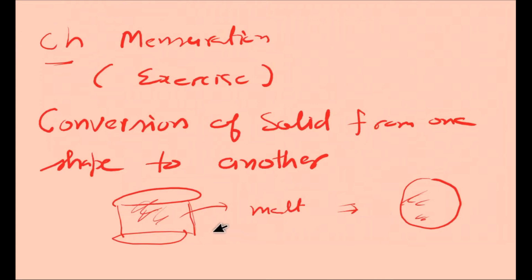We notice that if there is no loss of metal in the conversion, then the volume of the cylinder is equal to the volume of the sphere. If the solid is melted and recast into a sphere and there is no loss of metal, the volumes are equal. We notice this point, and on this topic we will do some questions.